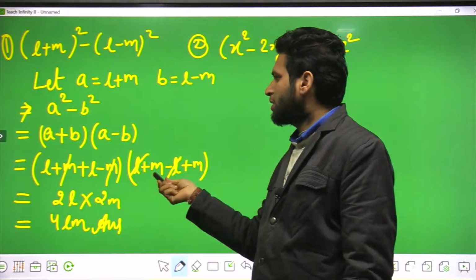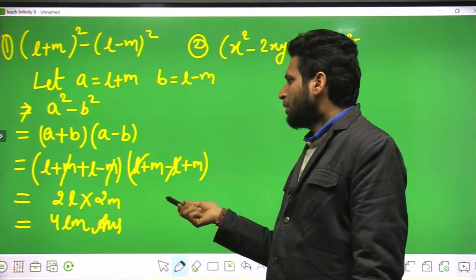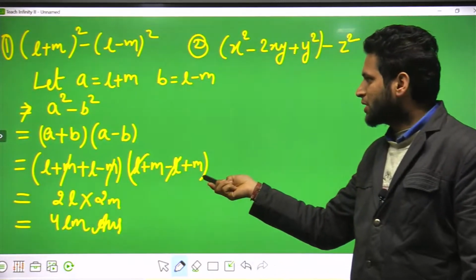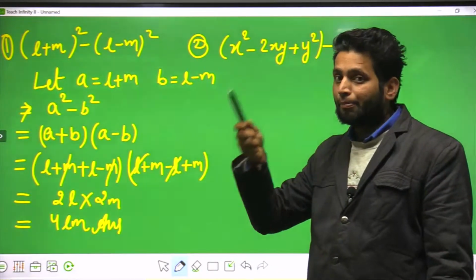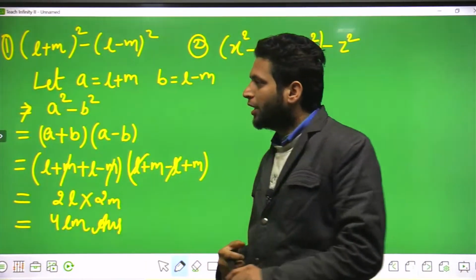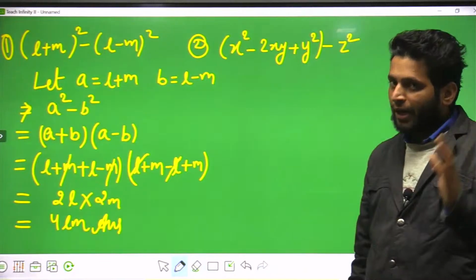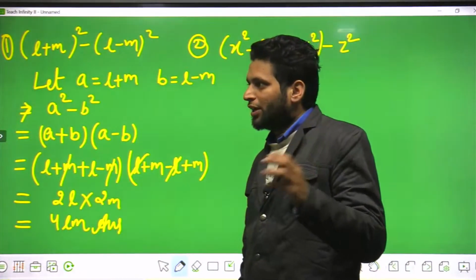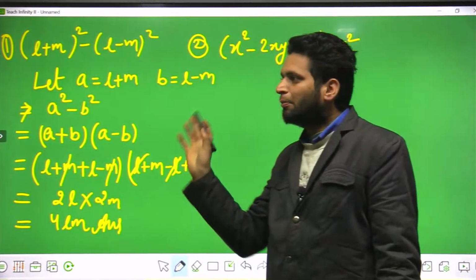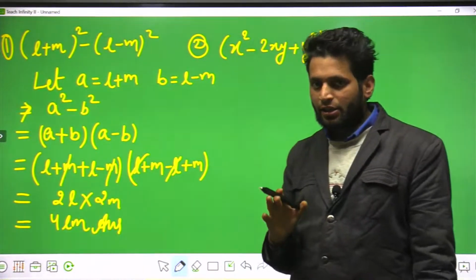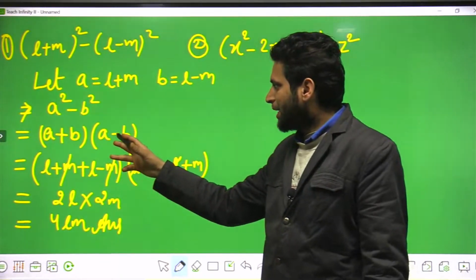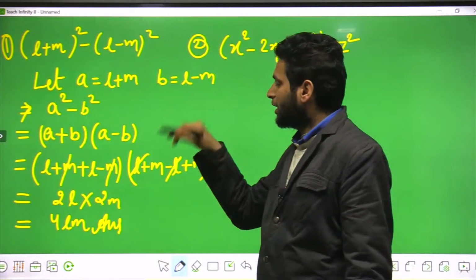So the value of A is L plus M, and then the minus sign, you can see there is a minus before B. That's why we write minus, and then if we are using B, which is L minus M, you can see there is a minus sign, so it converts the signs.